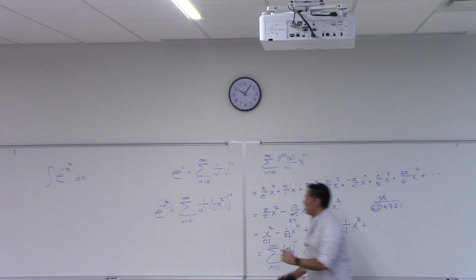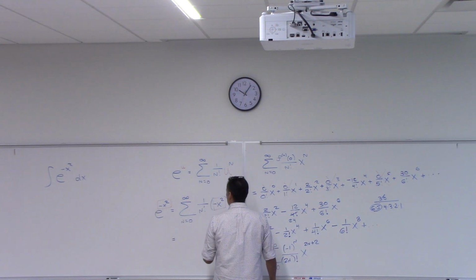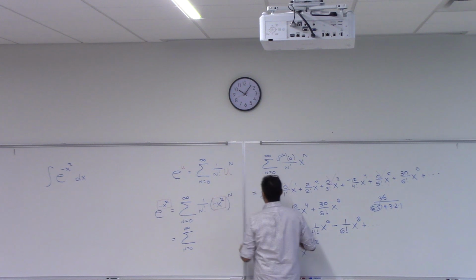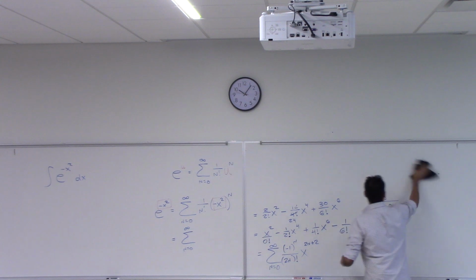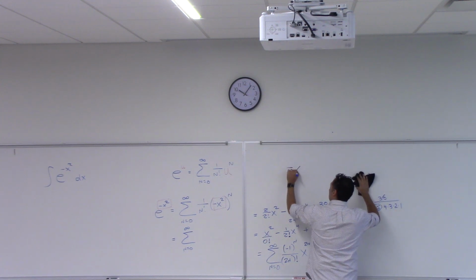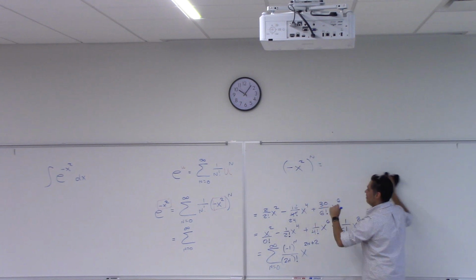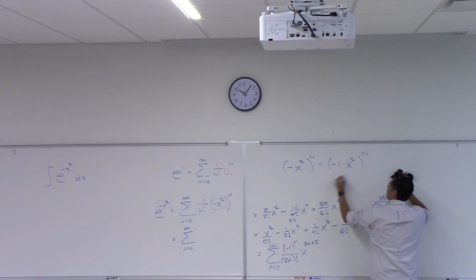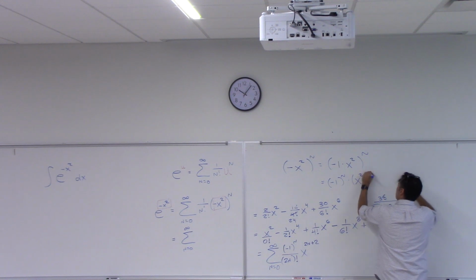And I'm going to do a little bit of cleaning up of this. Sum n equals 0 to infinity. I'm going to do something that you had to do if you've been working on that take-home thing. What is negative x squared to the n? How can I rewrite that? You can write that as negative 1 times x squared to the n, but that's the same as negative 1 to the n times x squared to the n.